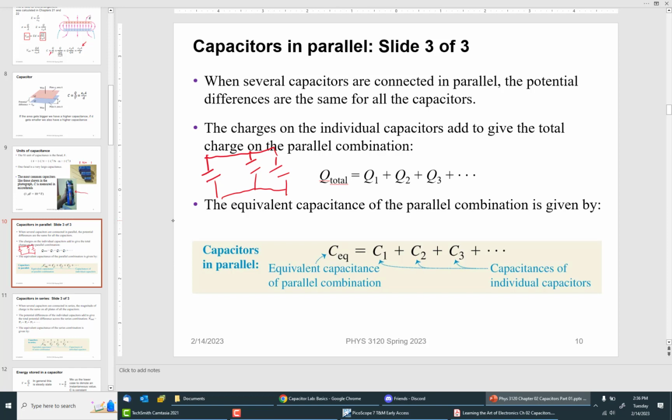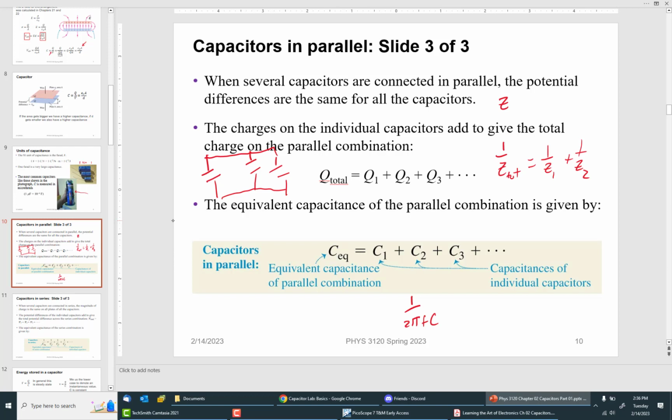When we look at inductors, I'm going to show you how, when you do impedances, in parallel, impedances add up like this. So I'll give you a little taste. But remember, the impedance of a capacitor is 1 over 2 pi Fc.